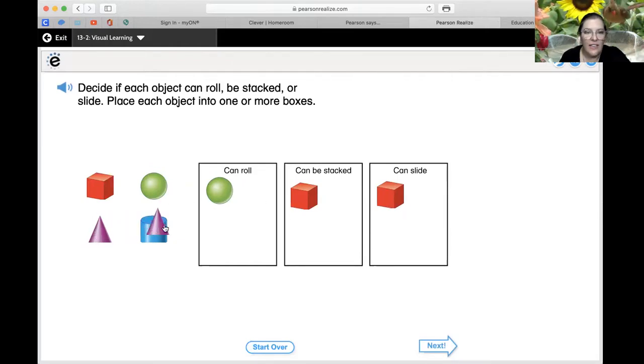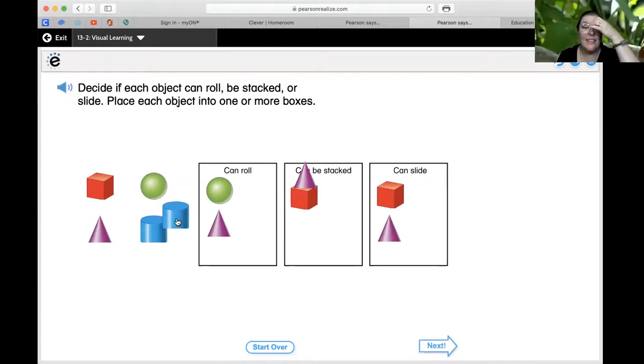Let's take a look at this cone. Can the cone roll? If it's on its side. Can it be stacked? Well, it sure can because it can go on top, right? And can it slide? Yes, because it has a flat side. What about this cylinder? Can the cylinder roll?